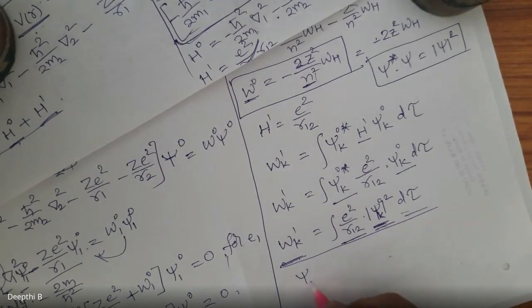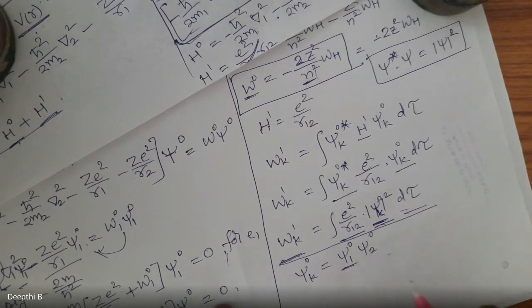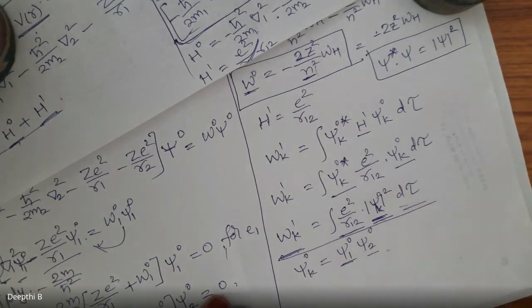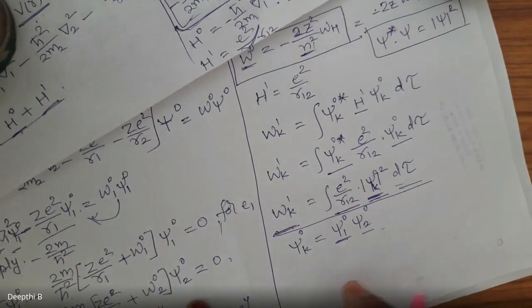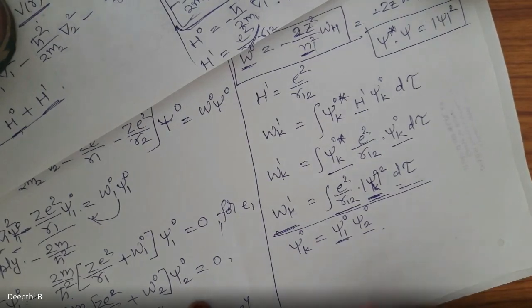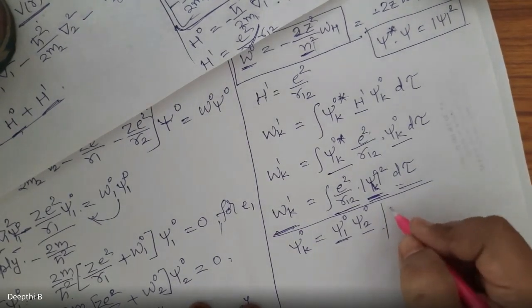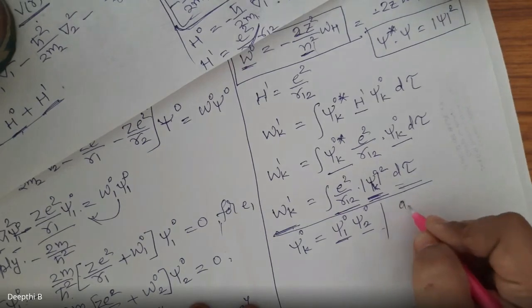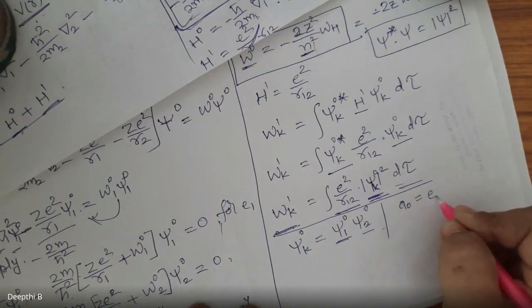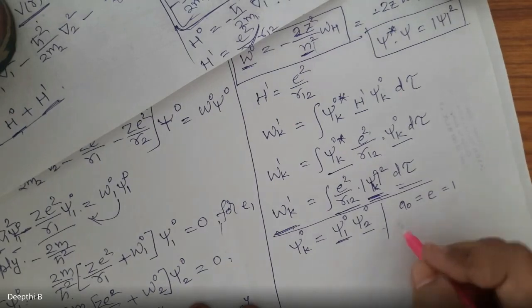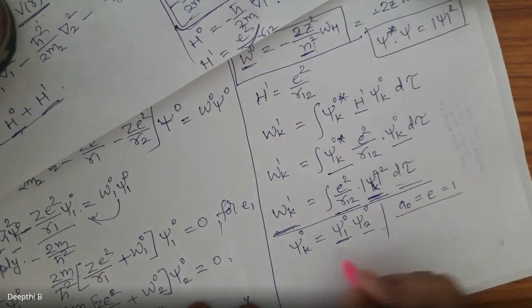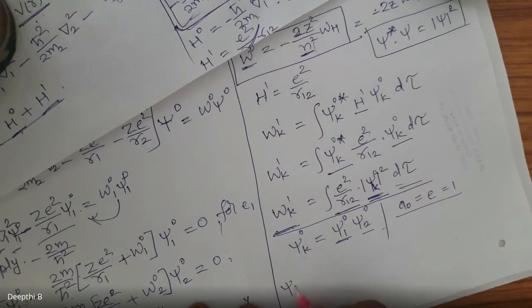So psi k naught is what? Psi k naught is psi 1 naught and psi 2 naught. 1 represents the first electron, and 2 represents the second electron. Two electrons are there, because we are talking about the helium atom. For this, consider a naught as a constant, so a naught is equal to 1. So first of all, what is the value of psi k naught?